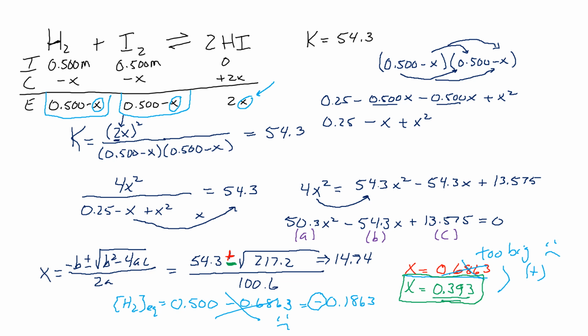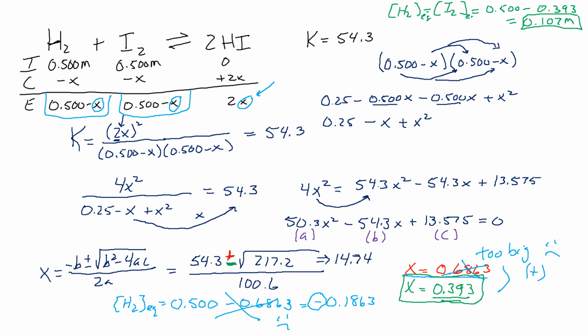And obviously we would put that back in like we did when we were working out in class, and we would see that the concentration of H2 actually will also equal the concentration of I2, and they're both 0.5 minus x, so in this case we would use our correct value, and that would give us 0.107 molar for each of them. And same deal as we did before, and these would be these guys at equilibrium.